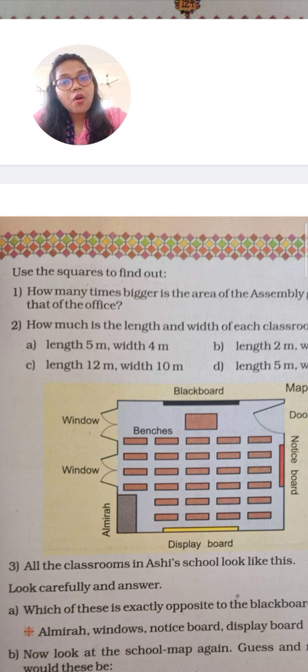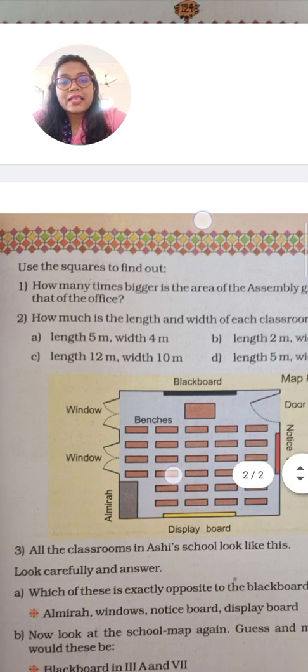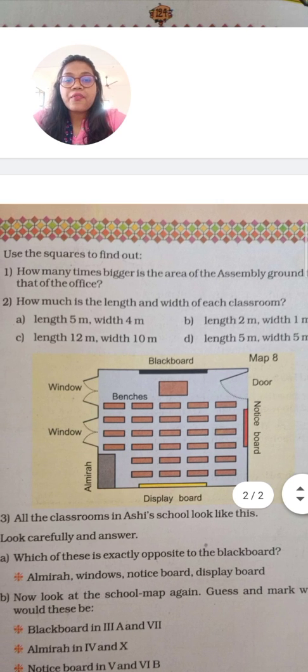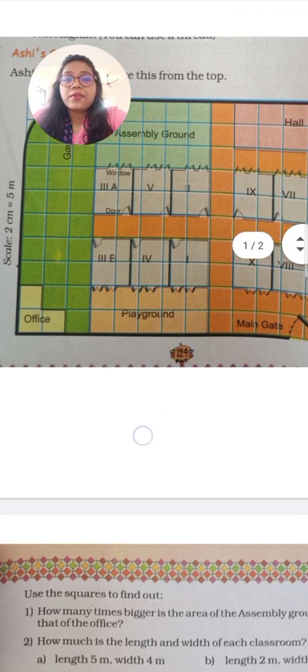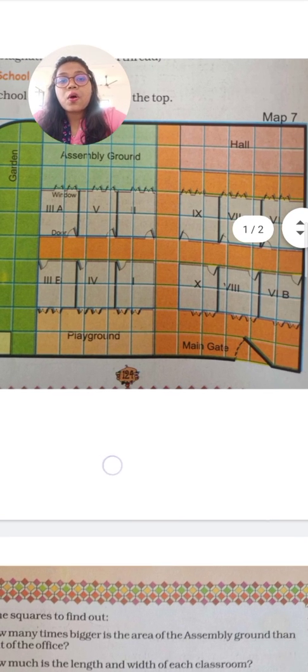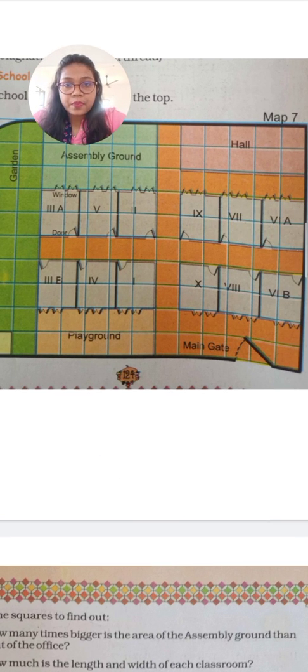So your answer will be 5 times bigger: the area of the assembly ground than that of the office. Now second, how much is the length and width of each classroom? Here 4 different multiple choices are given. You have to find which one is correct. You have to measure only one classroom, because all the classrooms are similar. Clear?